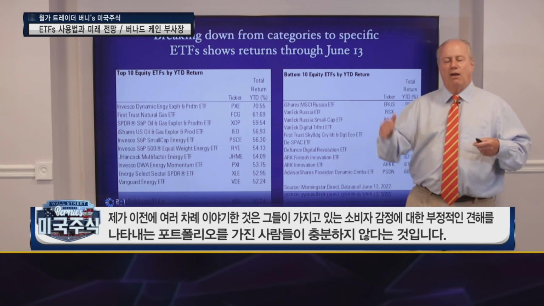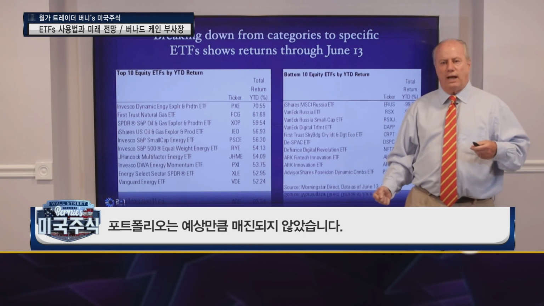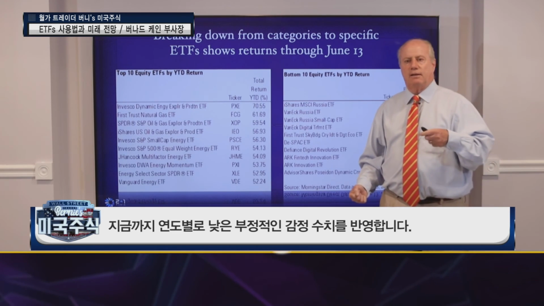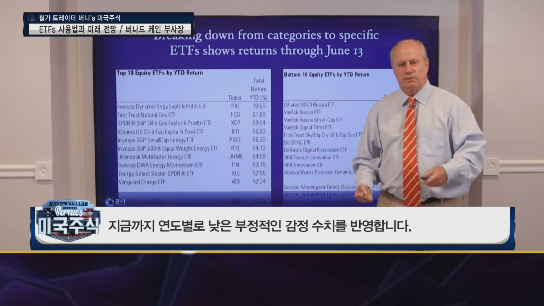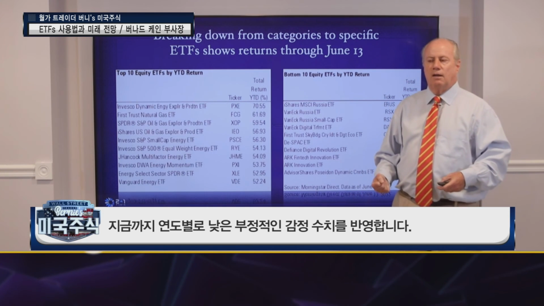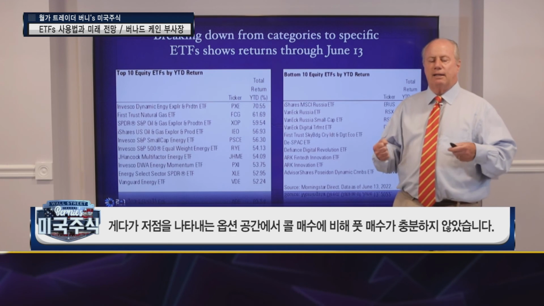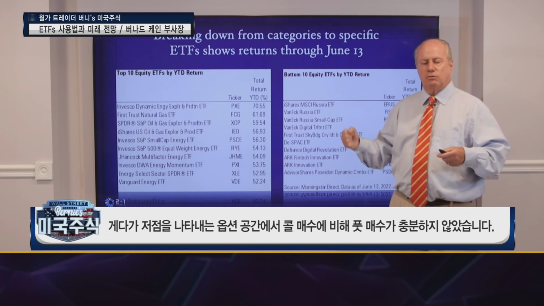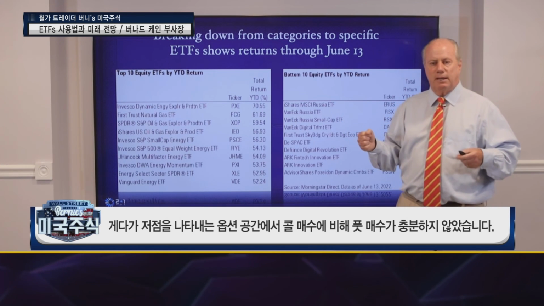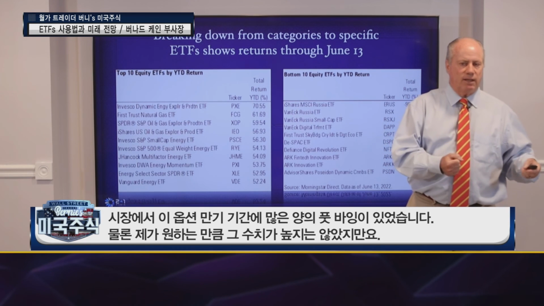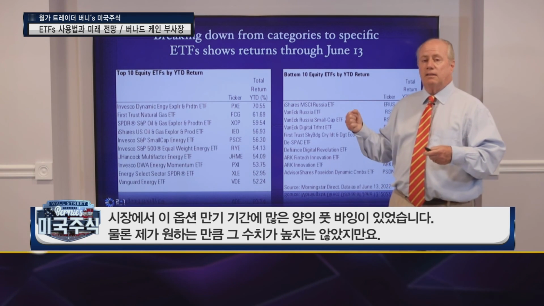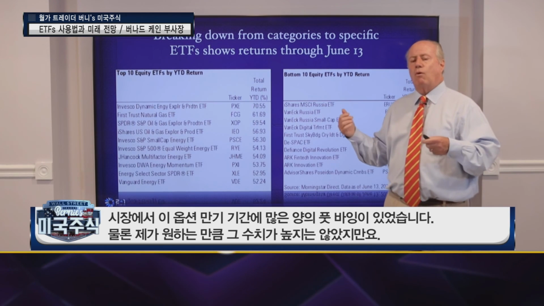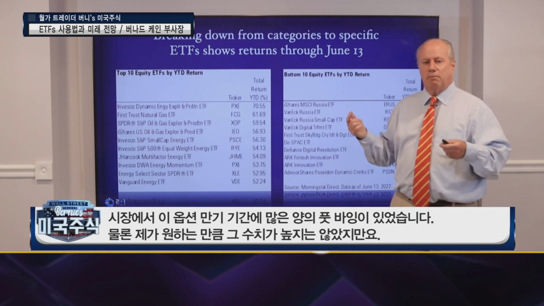The portfolios weren't as sold out as they should have been to reflect the low negative sentiment readings that we've seen so far year to date. On top of that, we didn't have enough put buying relative to call buying in the option space that was symptomatic of that low. We had a ton of put buying this time into this option expiration period, which might have qualified. Not as high as I'd like it, but might have qualified.